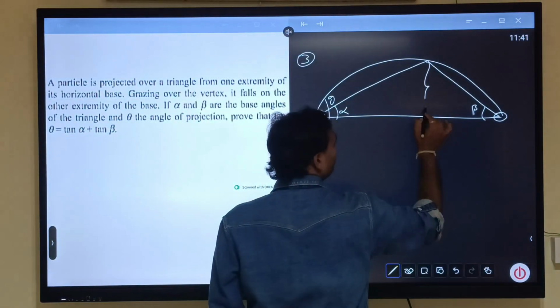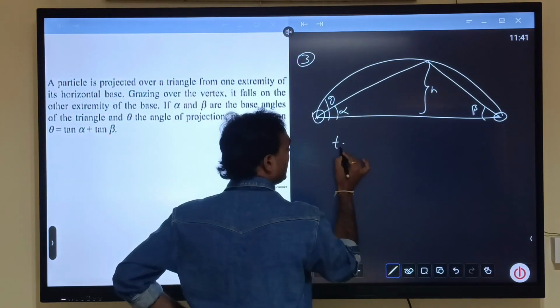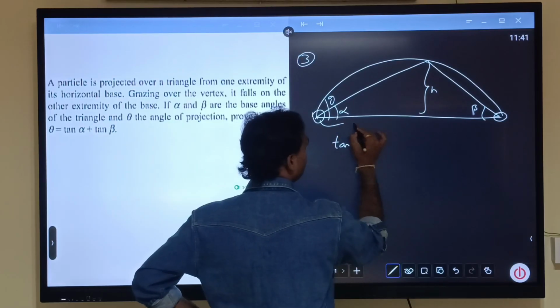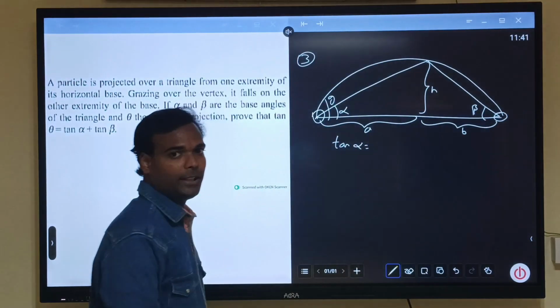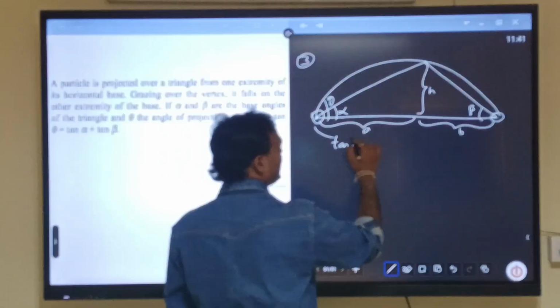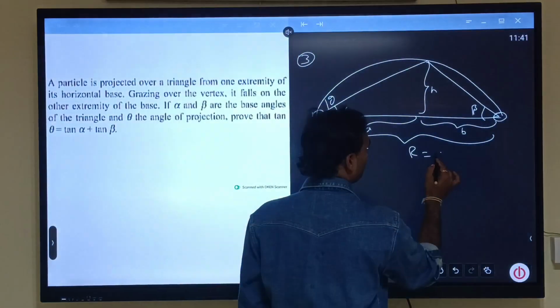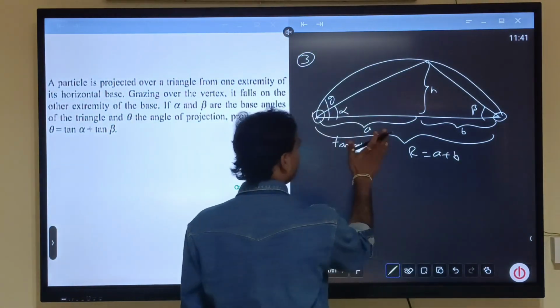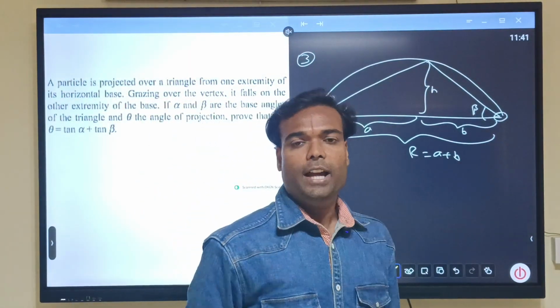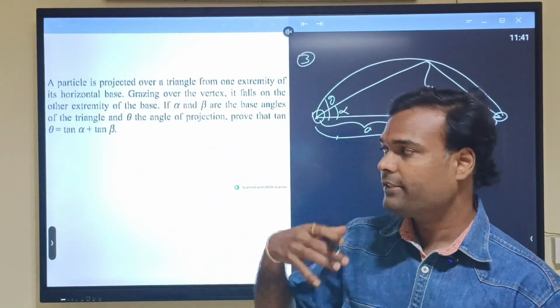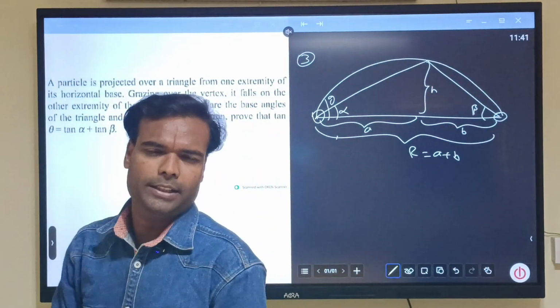Let us assume this is H, and let us say this is the A value and this is the B value. So the total range of the projectile is equal to A plus B. Obviously, up to here you are very clear. According to the question, I am drawing the diagram, and the representation of the diagram based on the question is most important.